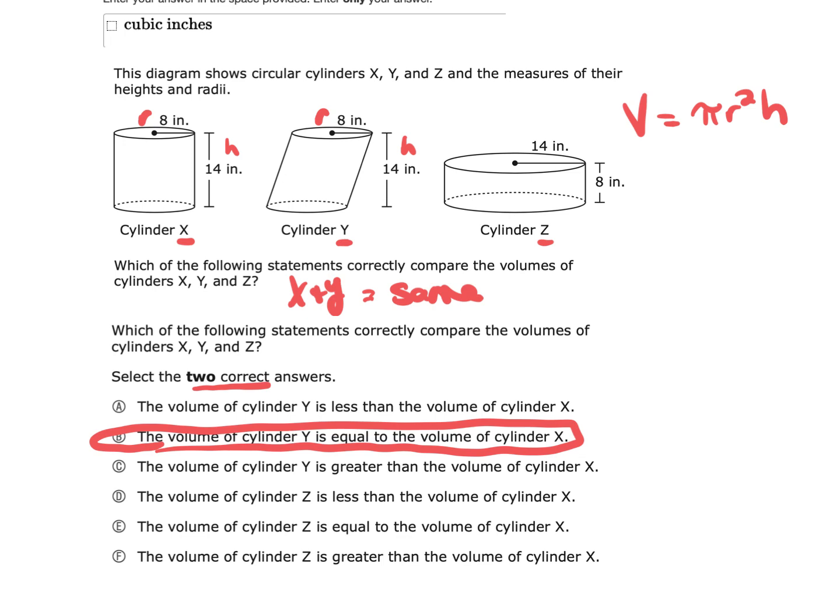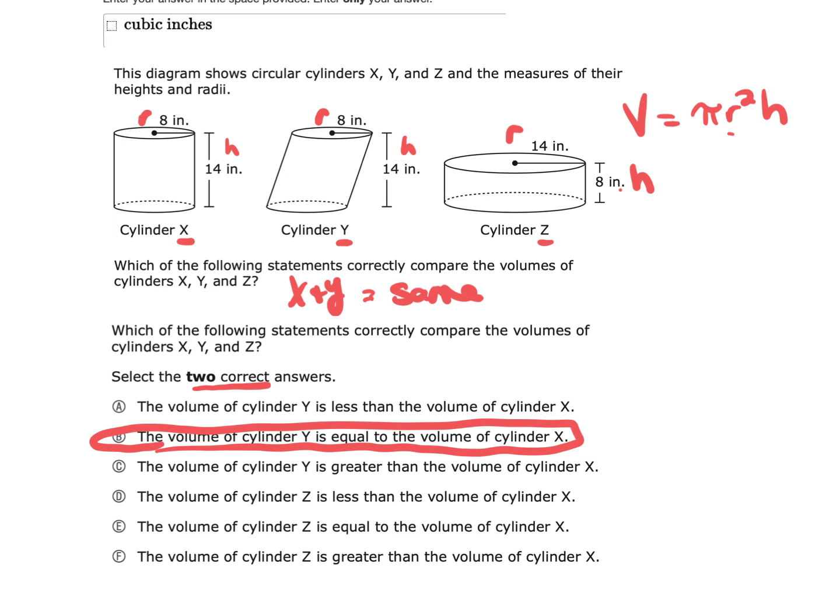Now cylinder Z, if you'll notice, the height is 8 and the radius is 14. Now, when I plug in to my formula, because my formula says I need to square my radius.